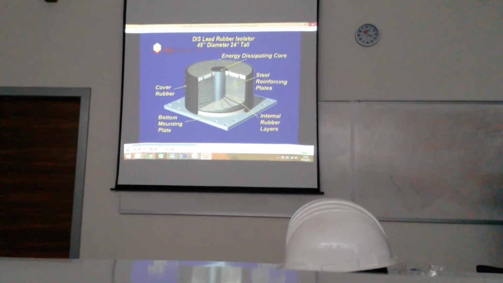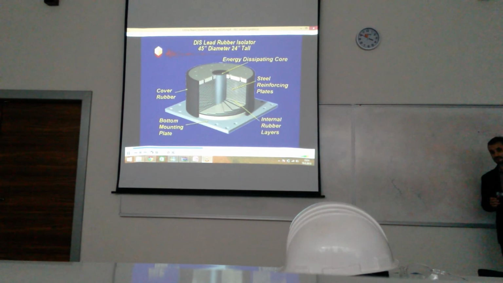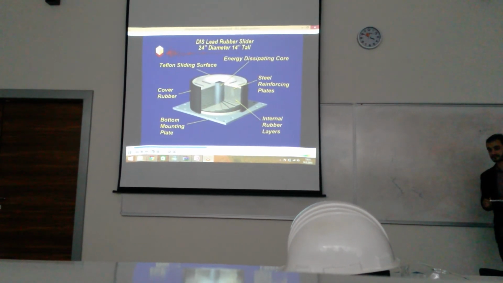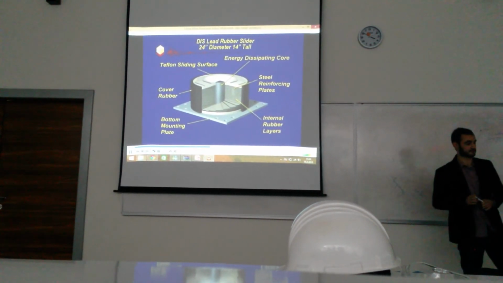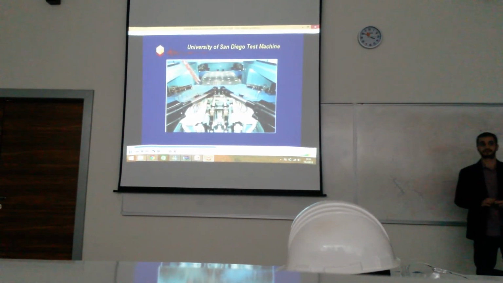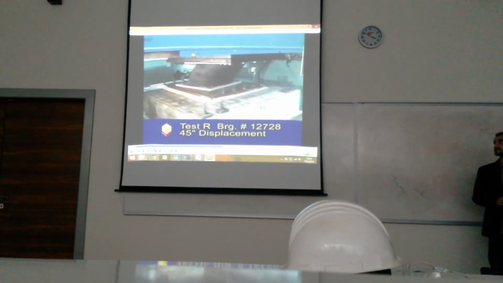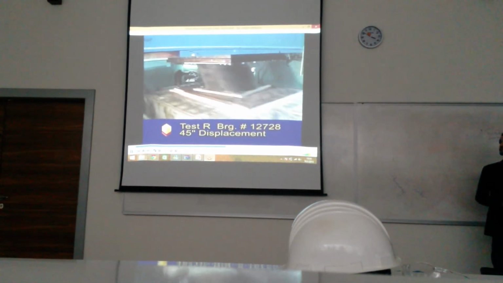The isolation system consists of 33 lead rubber isolators and 54 elastomeric sliders. The isolators and sliders were tested at earthquake velocities at the University of California San Diego. The tests for this project were significantly beyond code requirements.